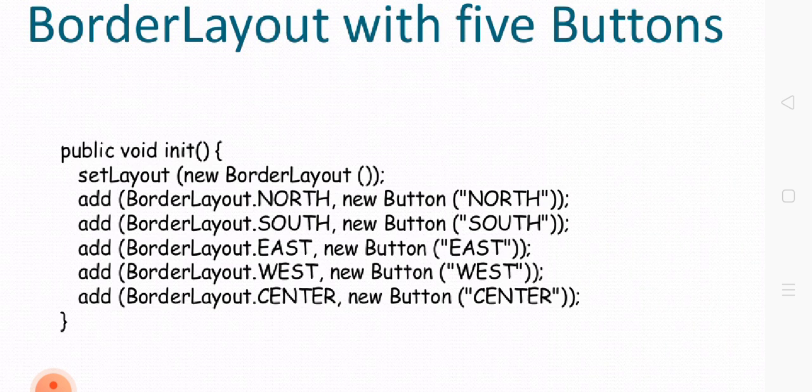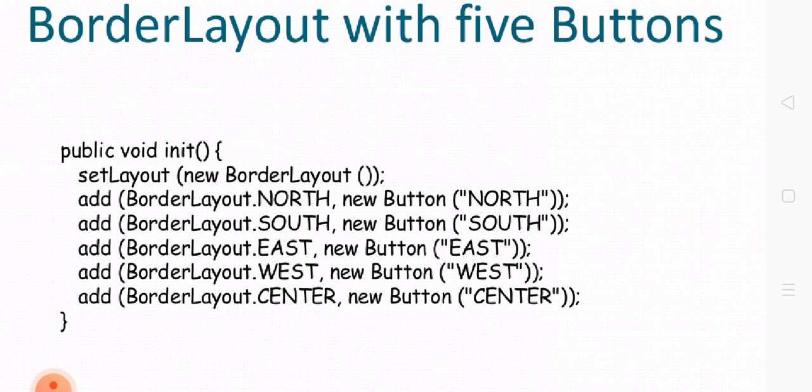Now if we are going to add a button to the north, we can do it by using add border layout dot north and then new button with the caption north. Similarly, if we want to add a button to the south, we can add it by using add border layout dot south dot new button south.